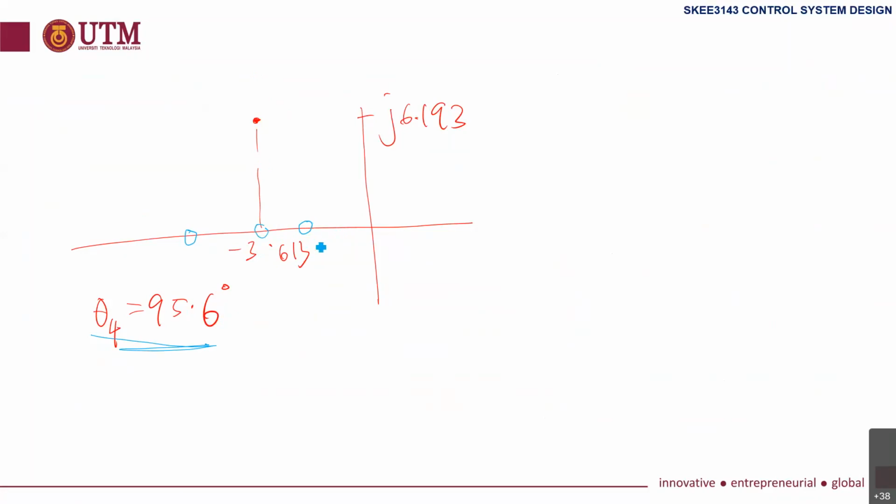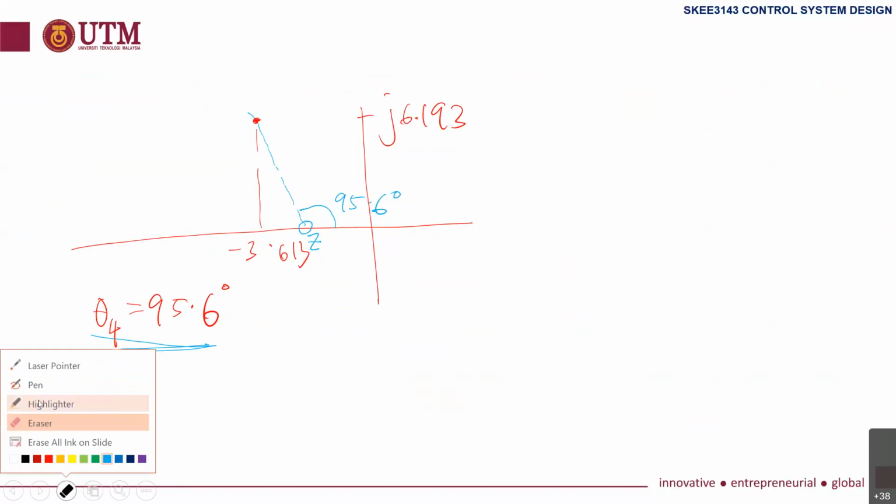It will be here, Z. Although initially I put it here, that was just a guess, but the exact location is on the right of the dominant pole, and the angle is 95.6 degrees. So you need to locate Z based on the angle.